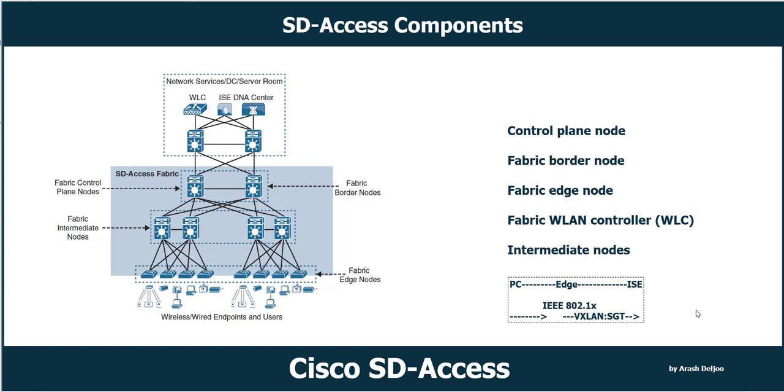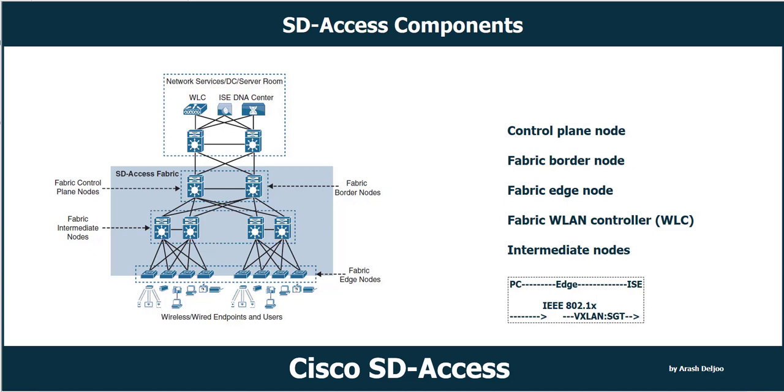Also, because this is the XTR, the edge should register the specific EID host address, that is the MAC address, /32 IPv4 or /128 IPv6, with the control plane node. We are talking about LISP. What does it mean? The computer connects to the edge node, and after authentication, the edge node should register this EID in the control plane node. If traffic is received from this PC, it should be tagged according to the policy received from the ISE.